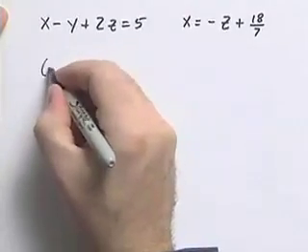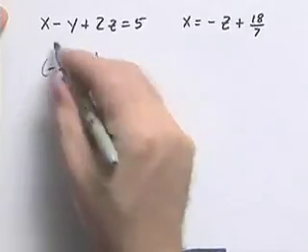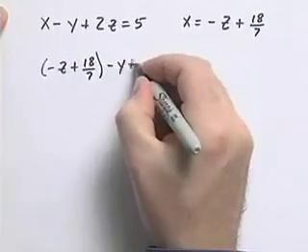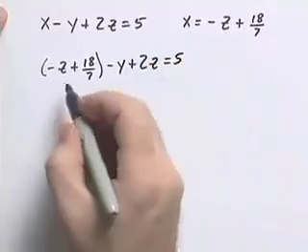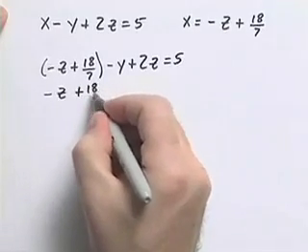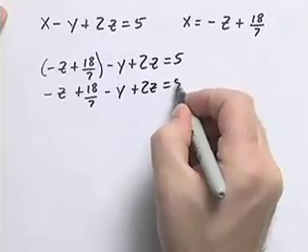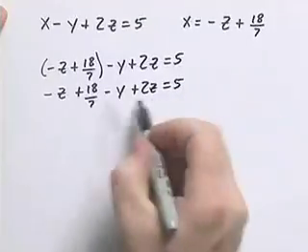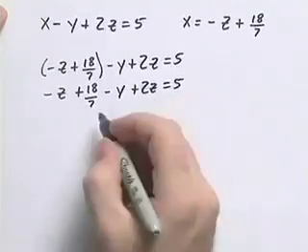So here we would have negative z plus 18 sevenths, that's what x is, minus y plus 2z equals 5. So we can use our grouping symbols, negative z plus 18 sevenths minus y plus 2z equals 5. We can collect like terms here and bring this 18 sevenths to the other side.